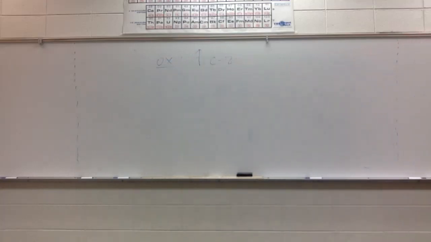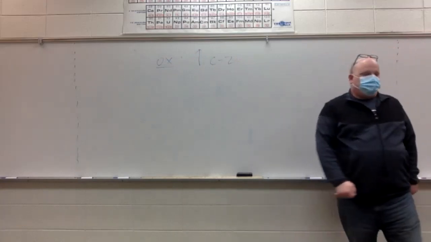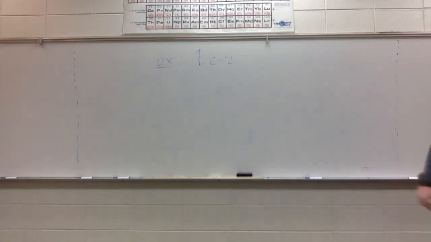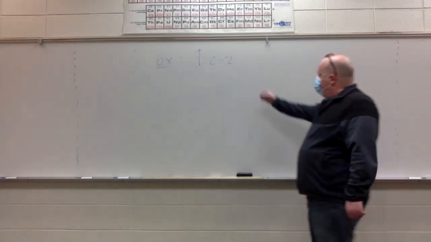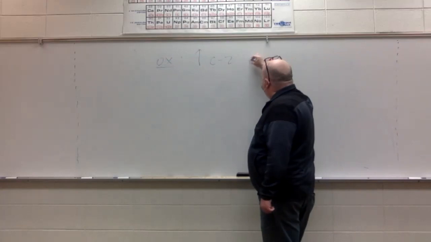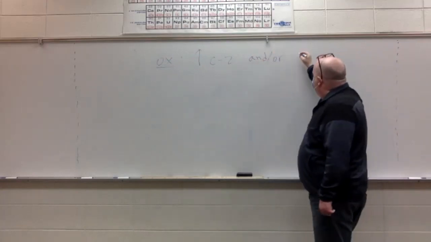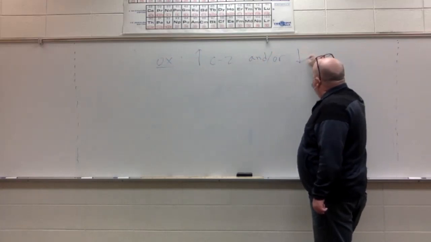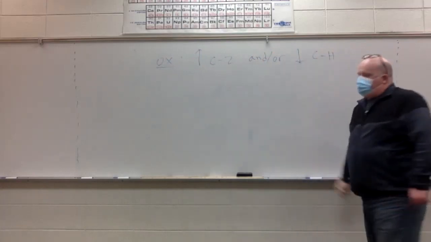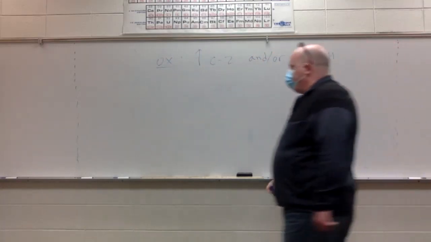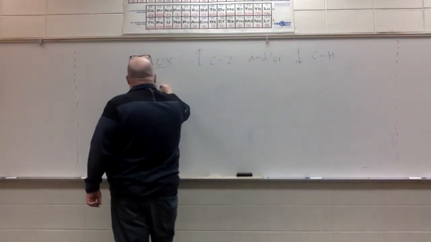Z just represents anything electronegative, right? And you saw that there. The more oxidized carbon had more bonds to electronegative oxygen. So you see more C-Z bonds and/or fewer C-H bonds. And reduced is just the opposite of that.